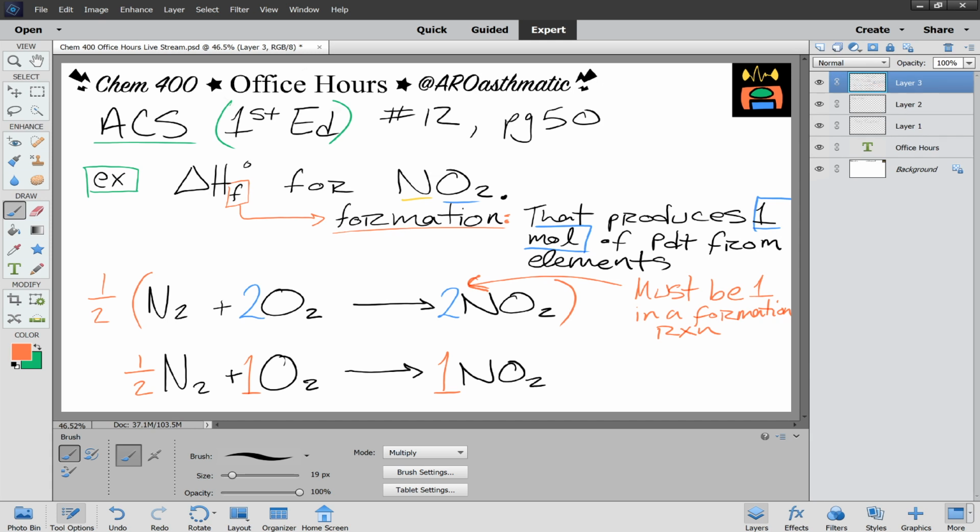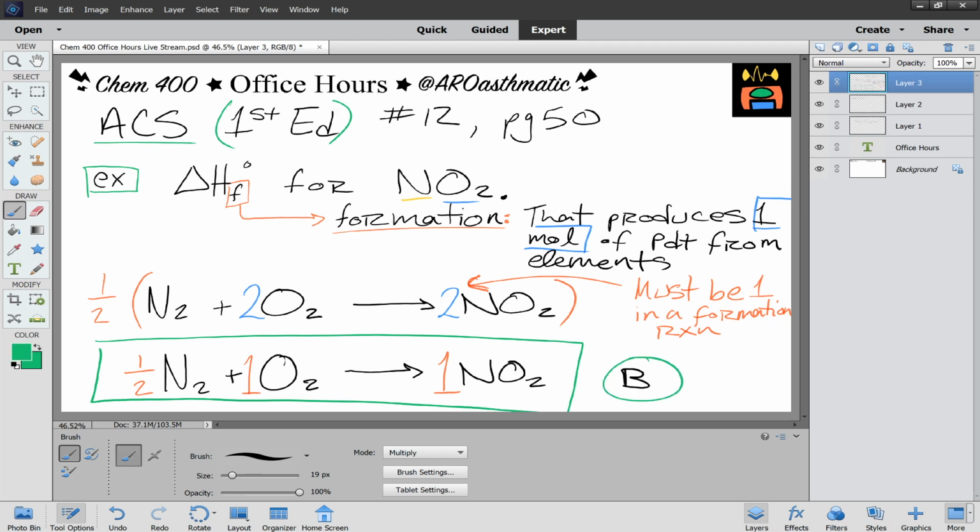Again, it satisfies the definition of formation reaction because we have only elements on the reactant side and we only have 1 mole of product being formed. So this here is the answer we're looking for, and the correct choice would be B for this problem, because the standard enthalpy of formation is equal to the change in enthalpy for this reaction. So hopefully that makes sense.